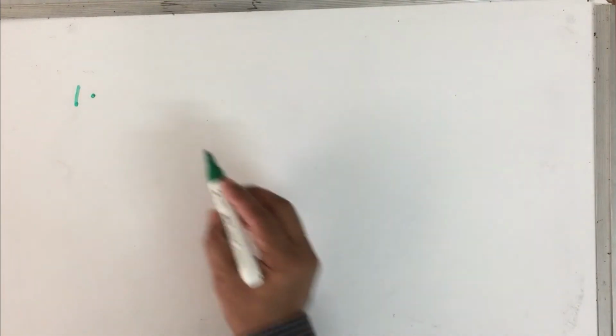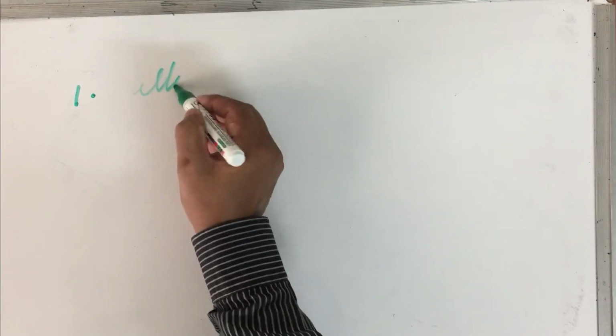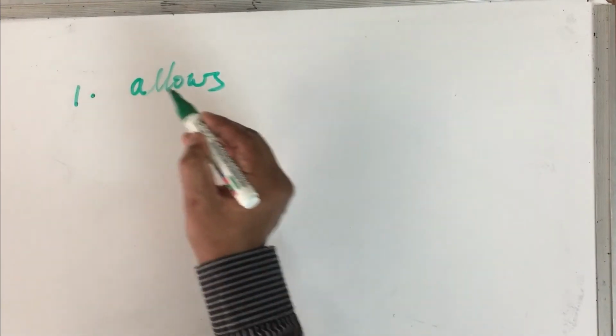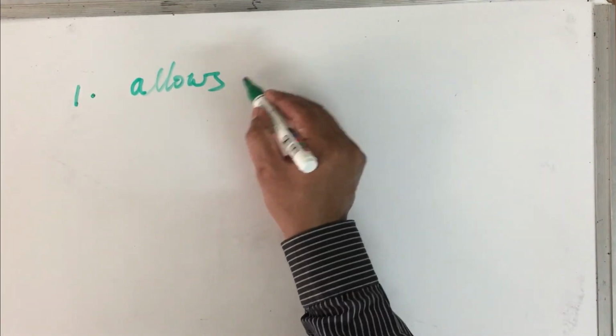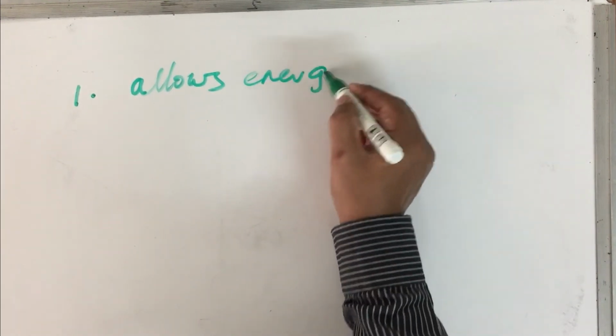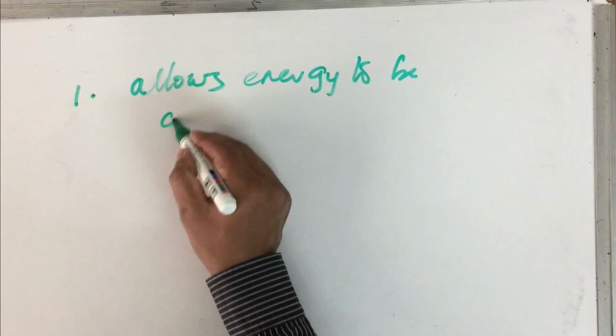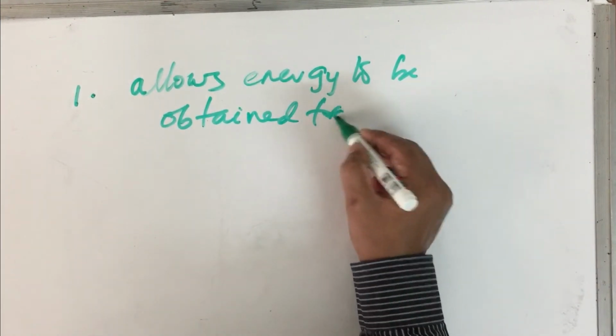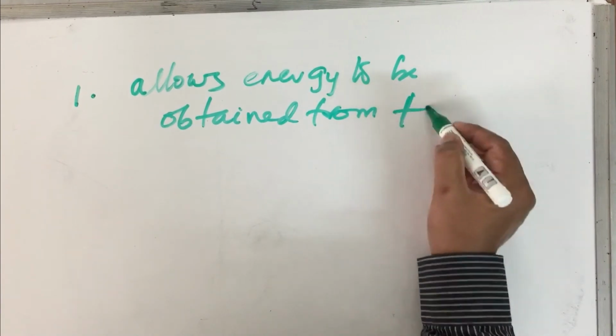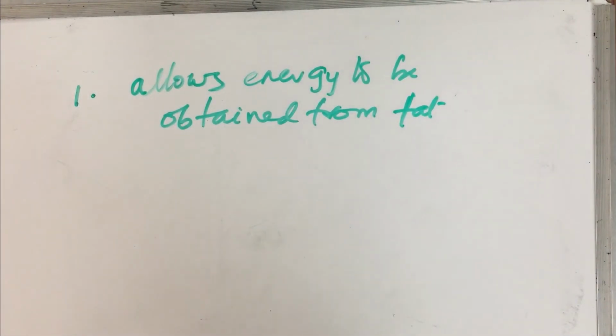It means that carbohydrate can readily be converted to fat, but fat cannot be converted to carbohydrate or to protein. So this pathway allows energy to be obtained from fat. That is the first significance of this particular pathway.